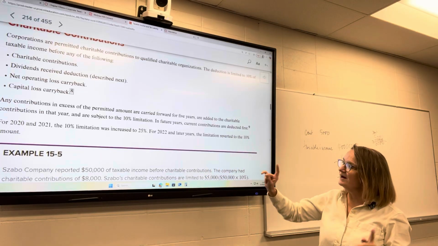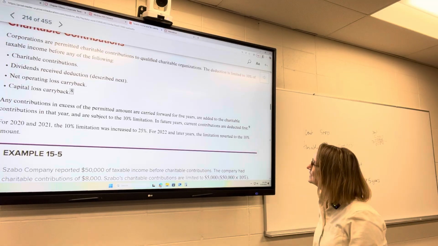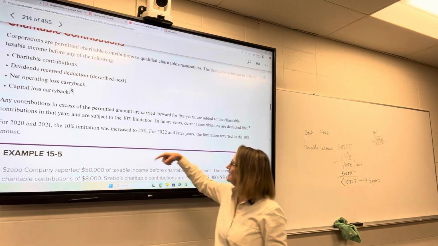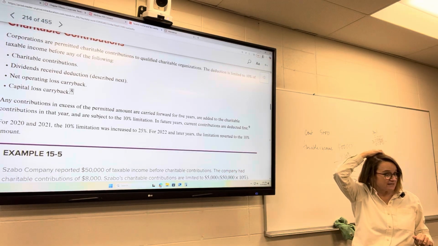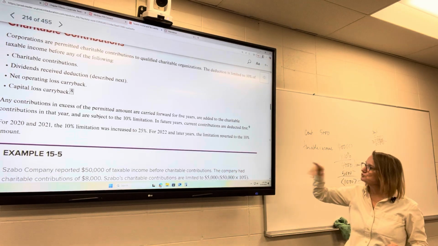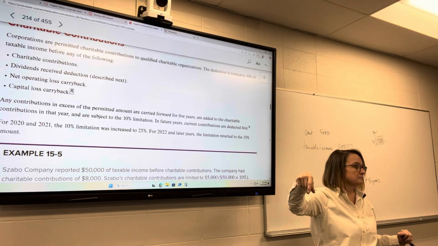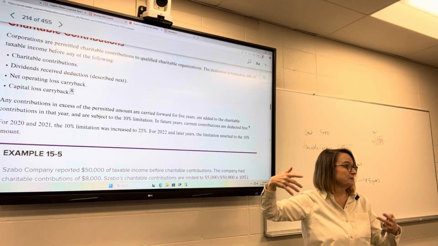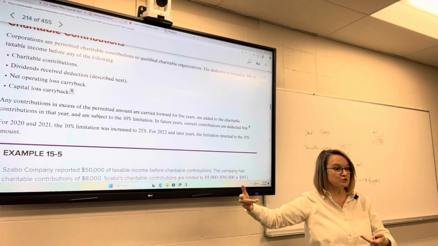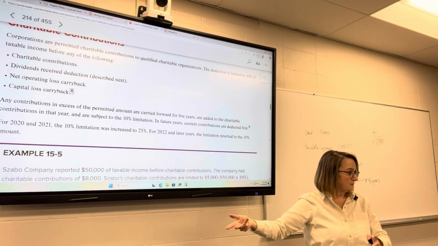For 2020 and 2021, and only for those years, the 10% limitation was increased to 25% of taxable income. For 2022 and later, it went back to 10% because they wanted to encourage corporations to donate to charities during COVID, right?